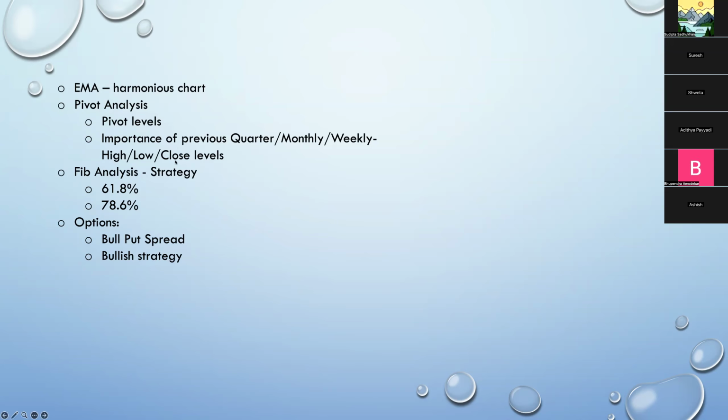Then we'll come to Fibonacci analysis, 61.8 and 78.6%. These are the main key Fibonacci levels I'm using for my technical analysis. Then we'll come to option strategy, bull put spread, and bullish strategies based on all the technical analysis which we'll discuss today.